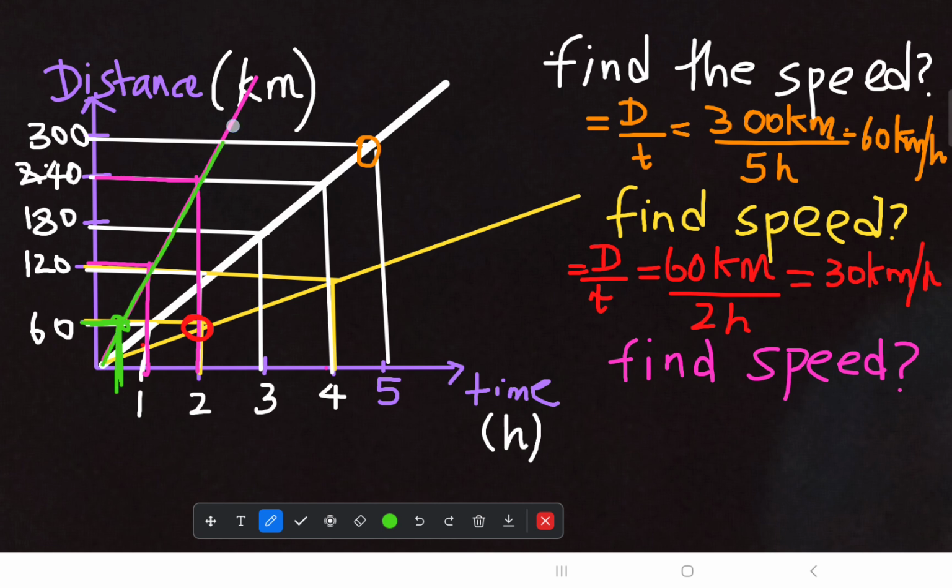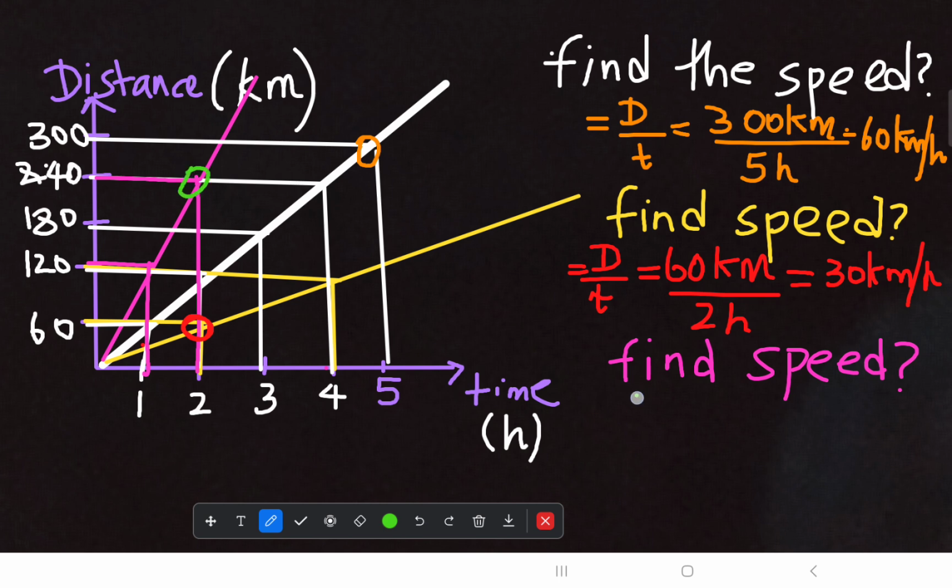You should select any points from this graph. So I selected this: the distance it traveled is 60 kilometers, but we don't know the exact time it took. So we cannot select those unidentified points. We can select any point amongst these two. So I'll select this one.